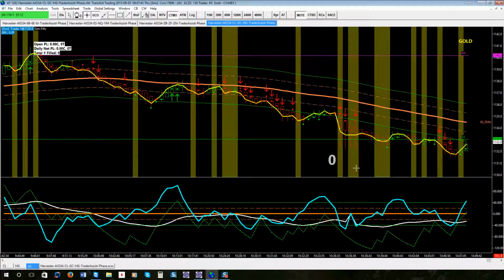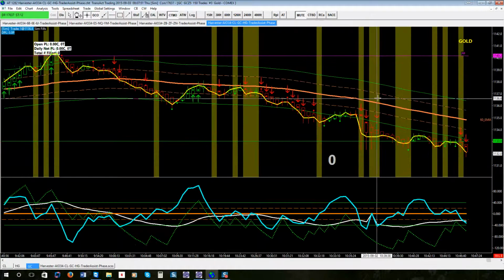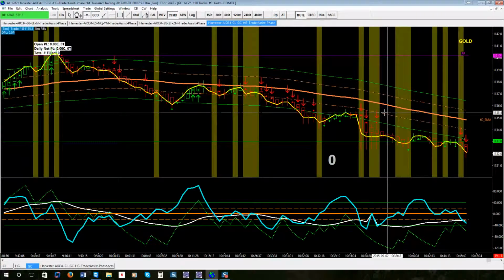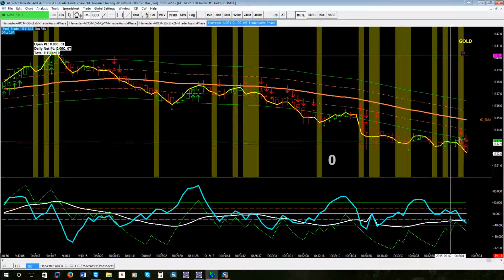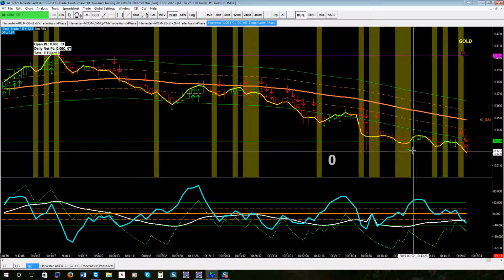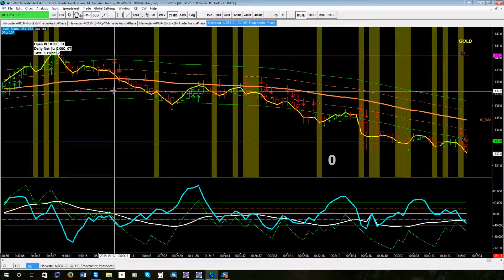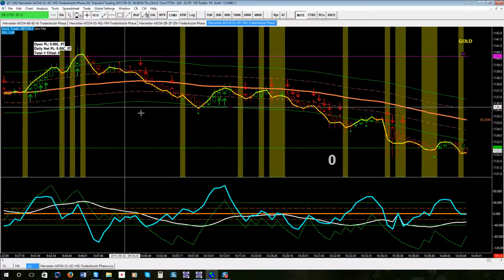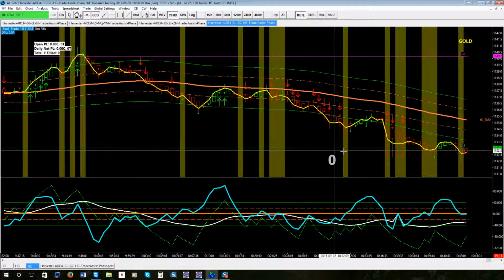As you would notice, the marathons are usually demarcated when that blue MACD just keeps crisscrossing across the zero. And you can see that because of the background coloration that you see here. And recoveries and sprints are demarcated by these long spaces where the background isn't colored.